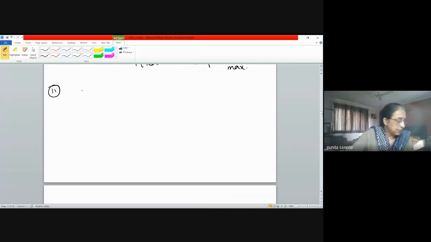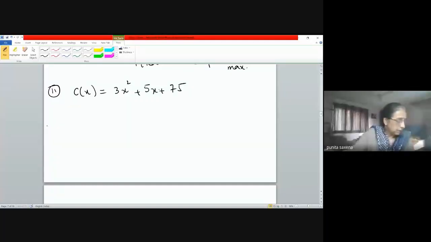Now it says the total cost in dollars of manufacturing x units of a certain commodity. So we are given a cost function as 3x squared. Now there are 3 parts to it. You do the first 2, it's okay.